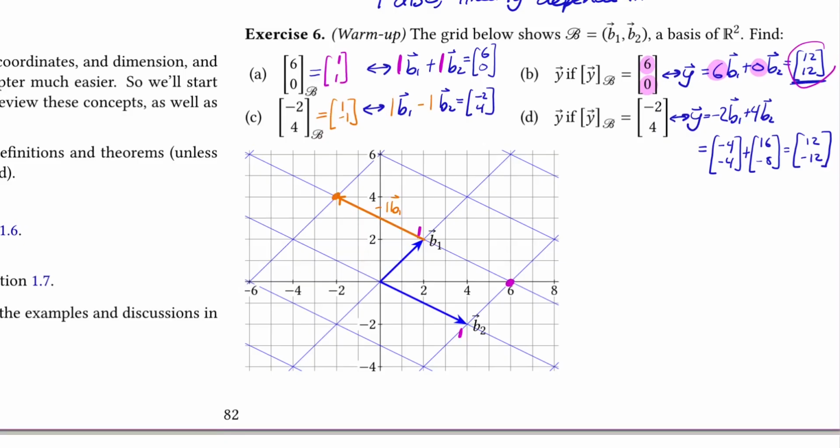And likewise D, here again we're given the coordinates. That means that's how much we're scaling B1 and B2.